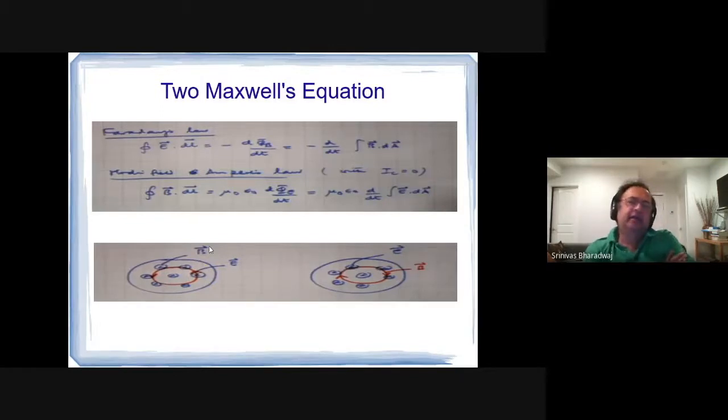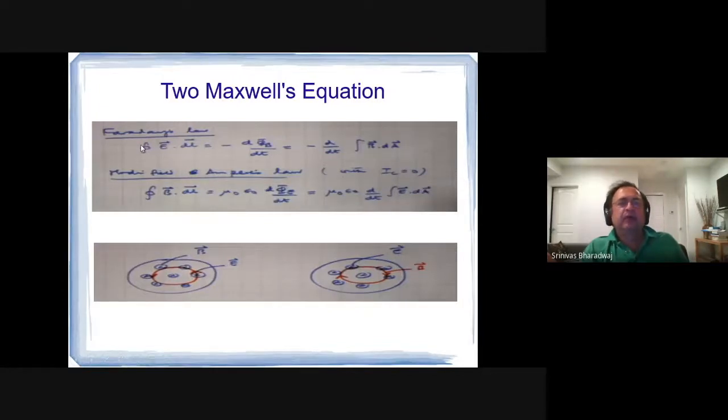So let's say you had a circuit where there was only a capacitor and there was a displacement current due to a changing electric field. Then this is what happens there, right? B dot dl equals mu naught epsilon naught d phi by dt. There is no mu naught IC. That term has disappeared. There is only this term.